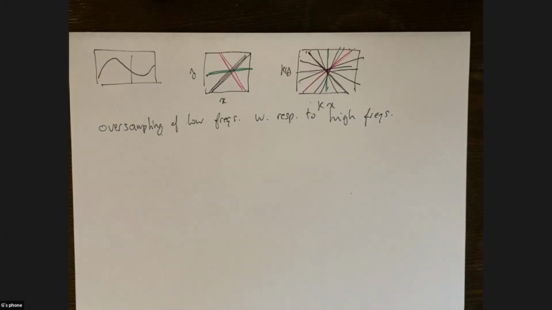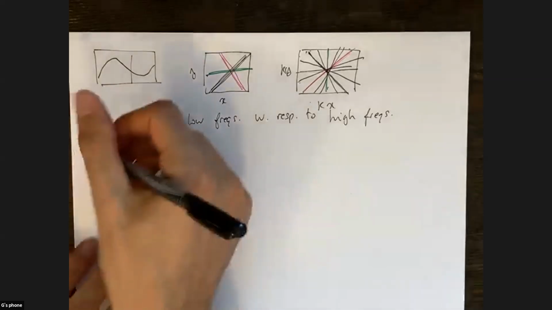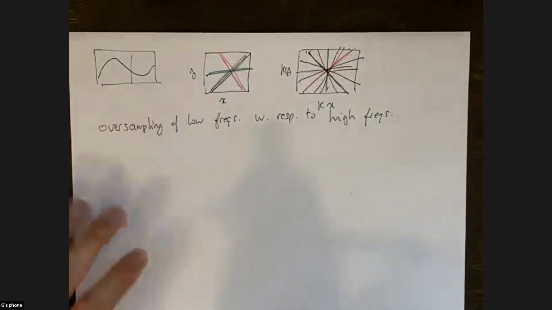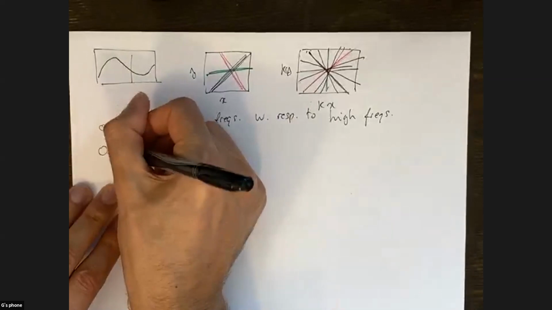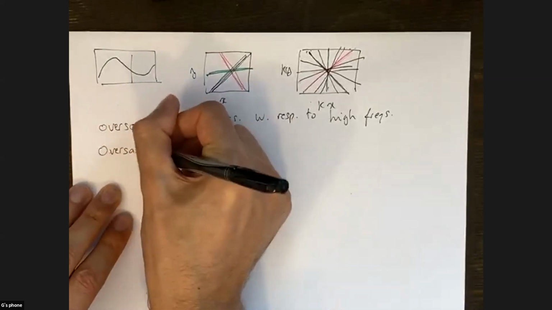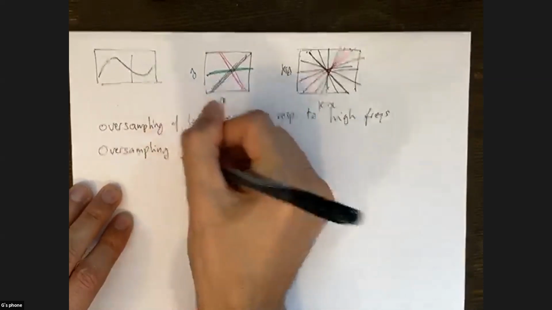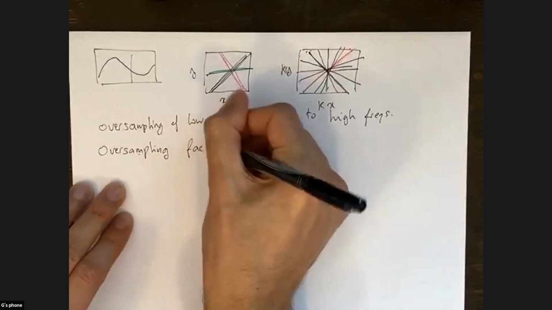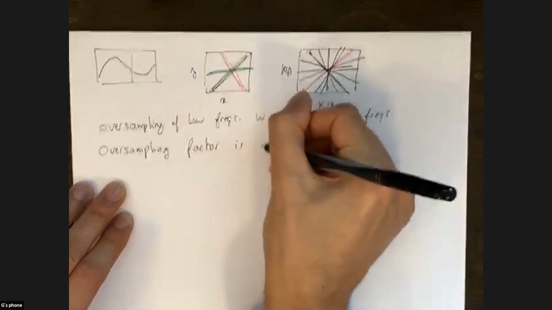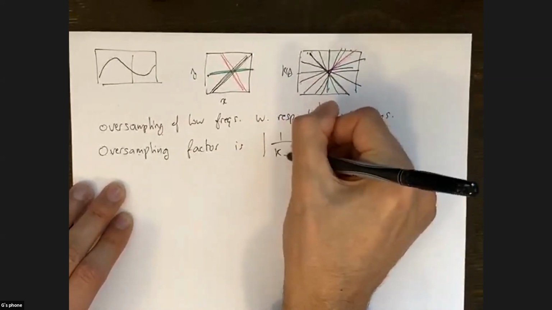And so the solution to this problem is a relatively straightforward one. First thing is to notice that the oversampling factor can be calculated. I'm not going to do it, but I'll just give you the answer right away. The oversampling factor is 1 over KR.